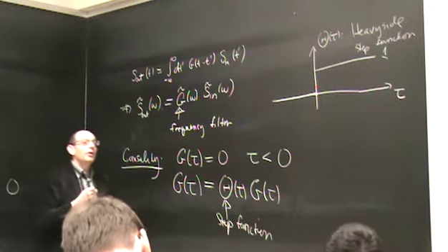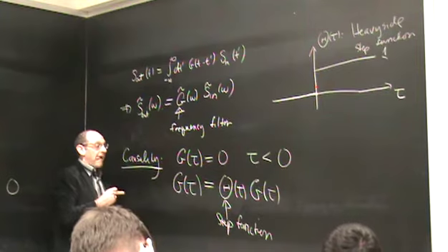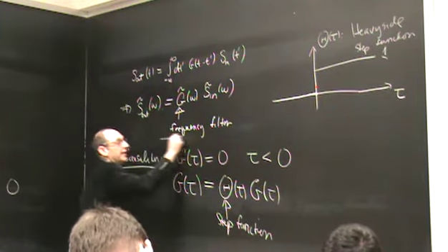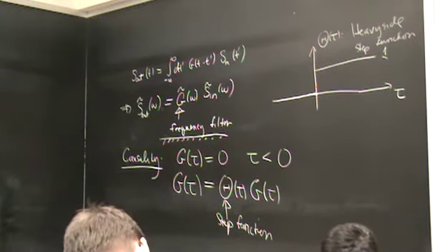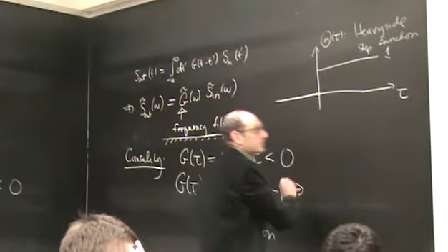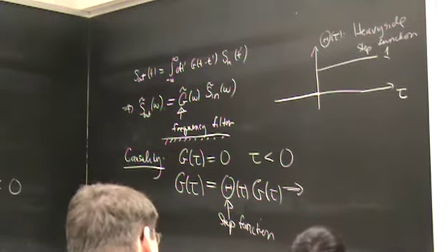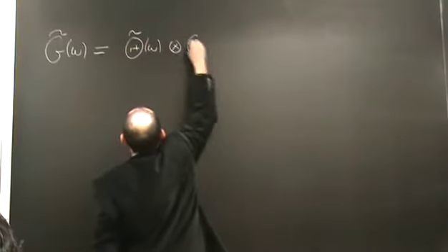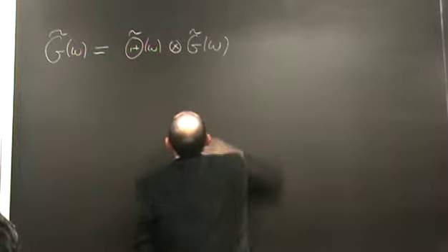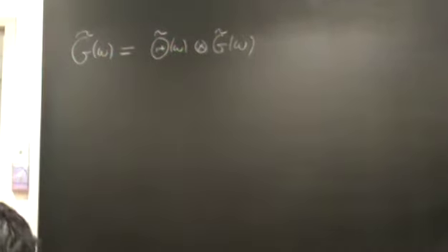So what does that say? Well, it says that if I were to ask now about the frequency response of the system, the black box, there is a relationship now that the Fourier transform of G must be equal to the convolution of the Fourier transform of the step function with itself.